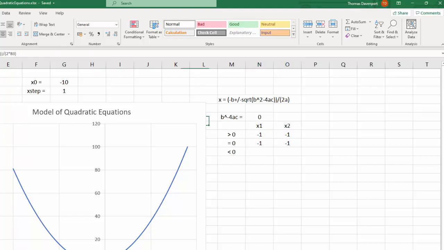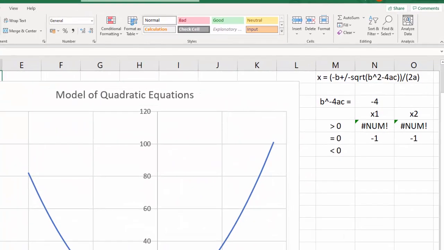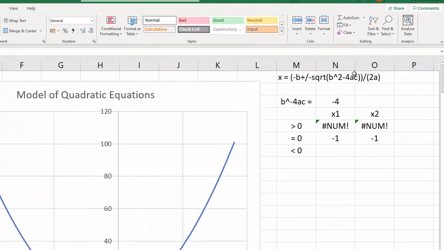And if this then became 2, then I've got a problem. You see what's happened here? It said you're trying to take the square root of a negative number, and it's not allowing me to do that. So what I'm now going to do, let me zoom into here. Rather than have num popping up on my equation here, I'm going to use a conditional statement.